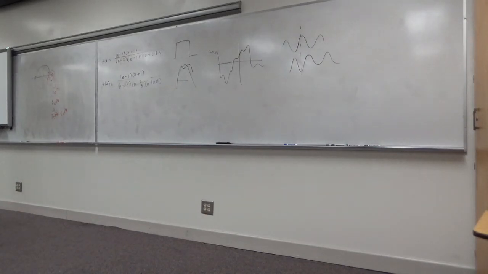Zeros inside the unit circle are better than zeros outside the unit circle, but it's not like poles. Poles outside the unit circle are totally intolerable. It's unstable. Zeros are better if they're inside the unit circle, but it's not absolutely critical.